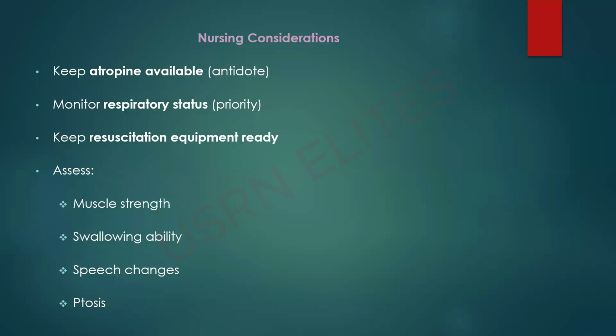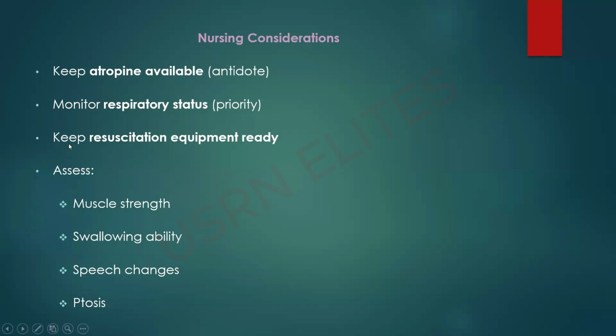All right. Then the next one is monitor respiratory status, which is a priority. Remember, you see this one, it's a priority because you're airway first. I've already told you this when it comes to my senior babies.